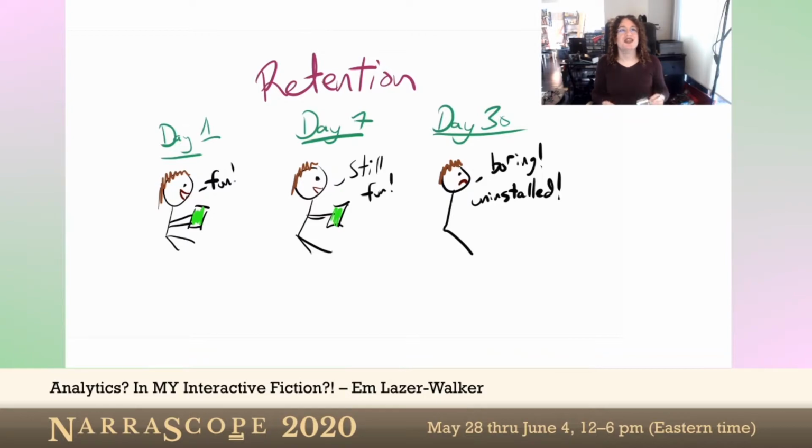So retention ends up being used as a proxy, just because you assume if they're coming back day after day, they probably actually like it and are having fun. Although I would argue that's really tricky when a lot of these games are using psychologically compulsive techniques to essentially addict their players, so it's hard to separate out: are you coming back because you're addicted or because you actually enjoy it? Figuring out that distinction is above my pay grade.